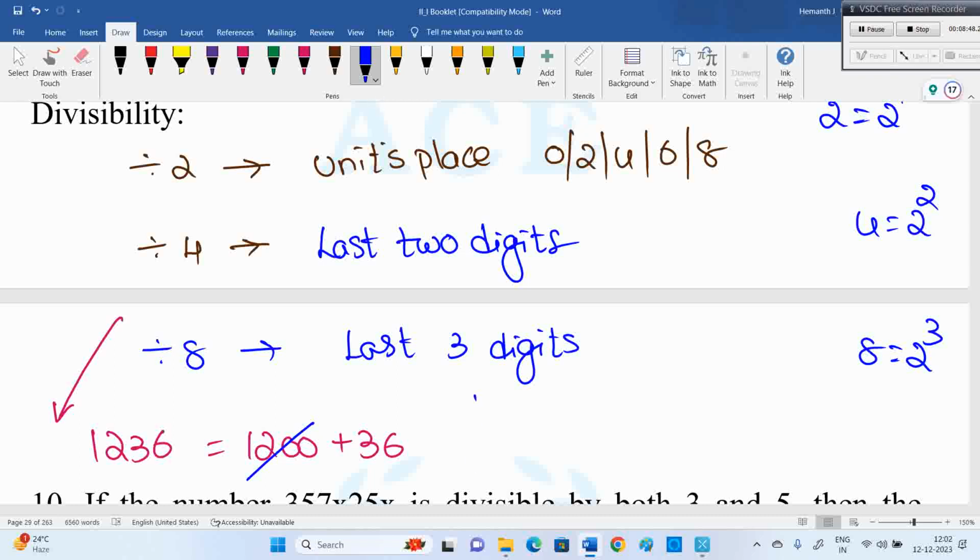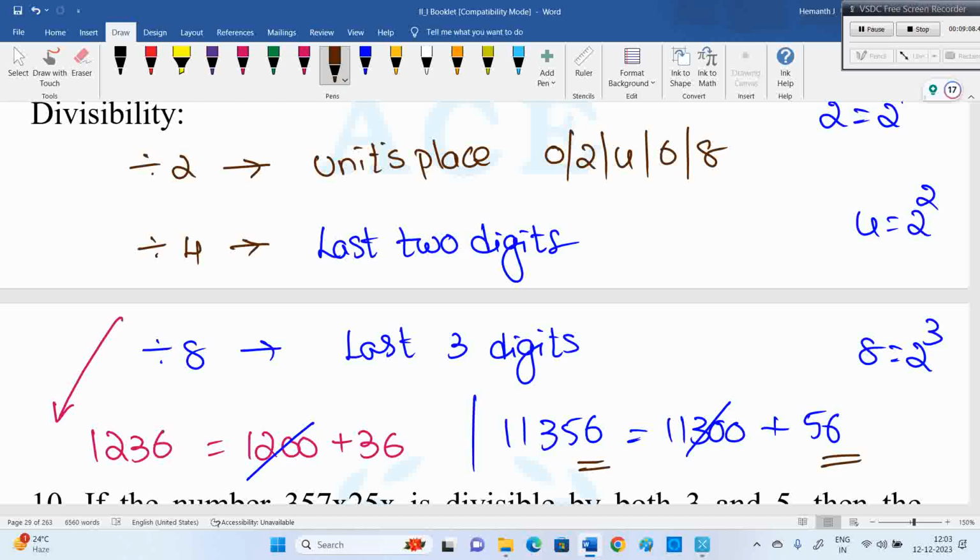If it is a big number, let's say 11356, I can write this as 11,300 plus 56. 11,300 is divisible by 4. What is left over? If 56 is divisible by 4, then the entire number is divisible. 56 is nothing but the last 2 digits of the given number.